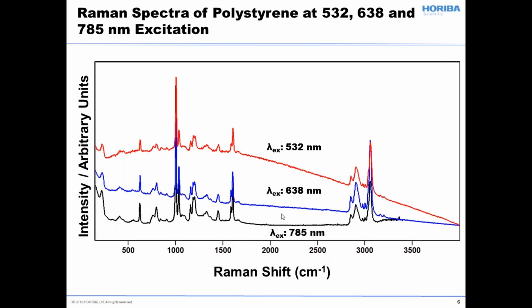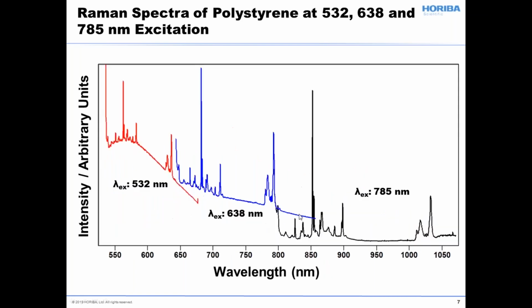And so if we plot these 3 spectra now on an absolute wavelength scale, what you see is that beginning with the 532 nanometer excitation, now maybe you can see a little more clearly this underlying tail of the emission of the photoluminescence that we're exciting at 532. And now to avoid that, we go to longer excitation wavelength at 638.